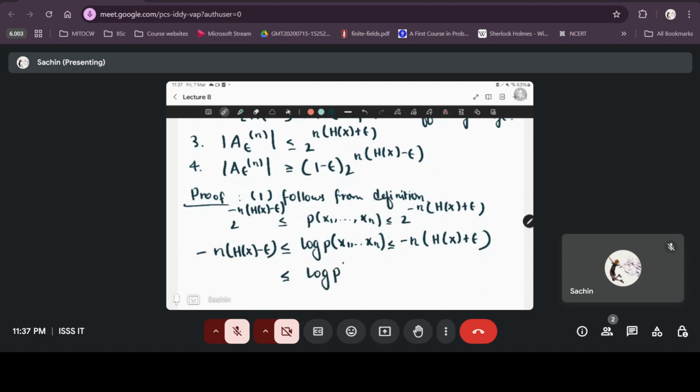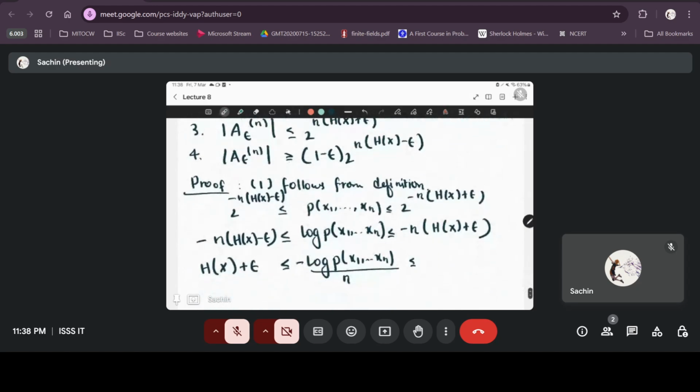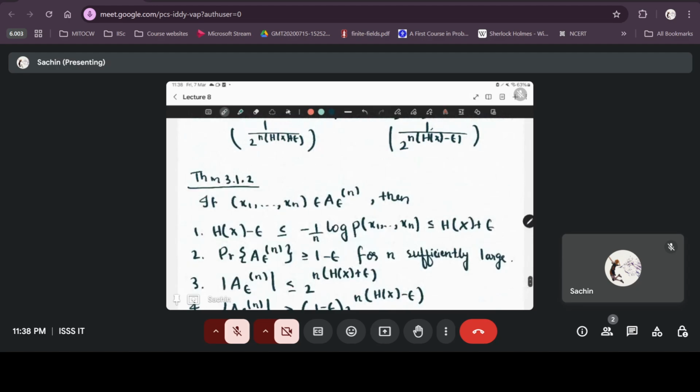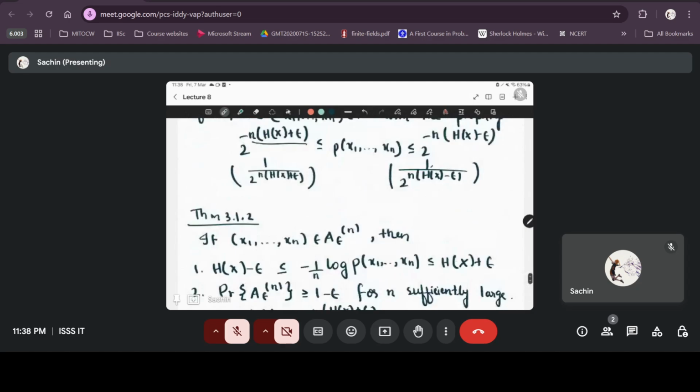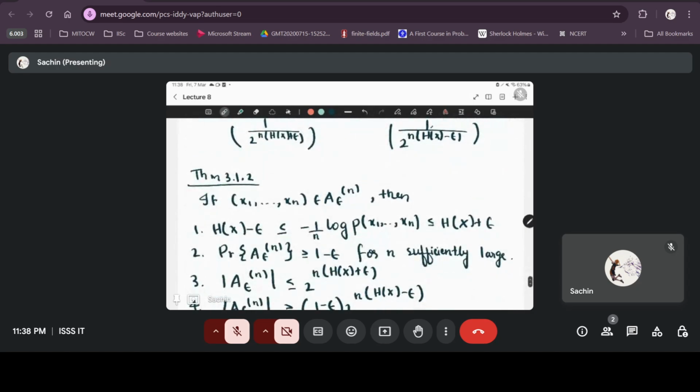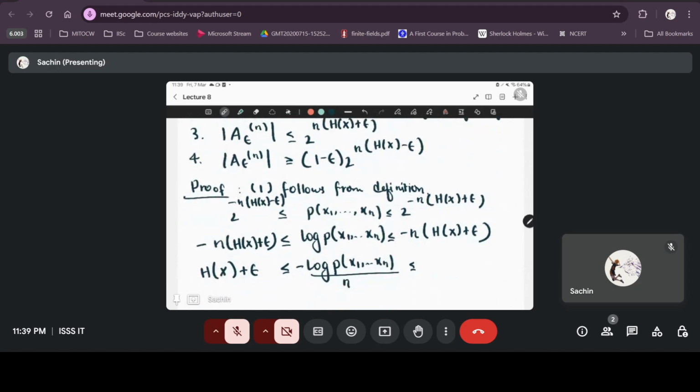So log of p of x1 to xn divided by minus n, or minus log p of x1 to xn by n, is greater or equal to this right side quantity divided by minus n, which is h of x plus epsilon, but less than or equal to... actually this was h plus epsilon, this was h minus epsilon.